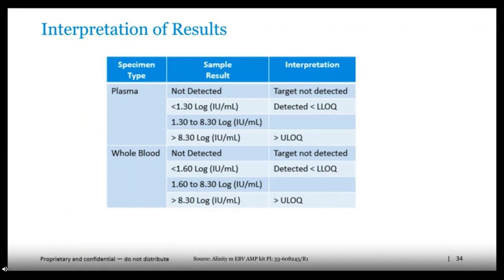The dynamic range for this assay is 1.3 to 8.3 logs in plasma, 1.6 to 8.3 logs in whole blood. You can get target not detected results, or you can get results that are detected but below or above the upper limit of quantification.